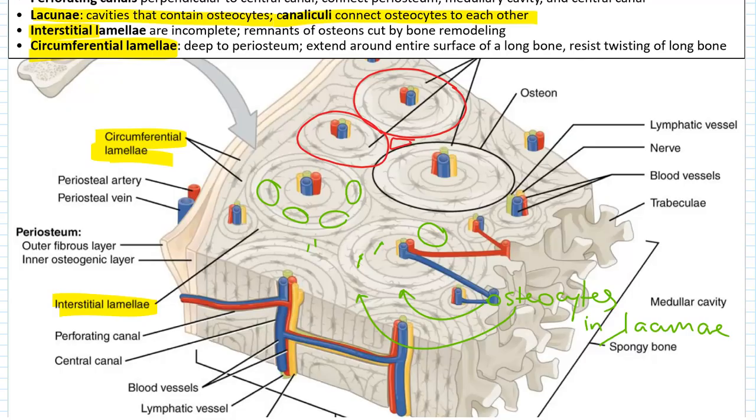It's a leftover of bone rebuilding. This is interstitial lamellae. Hold on, I don't want to confuse you. This layer here is circumferential lamella. It runs around the entire bone, encircling it, and provides additional resistance to twisting. Okay?